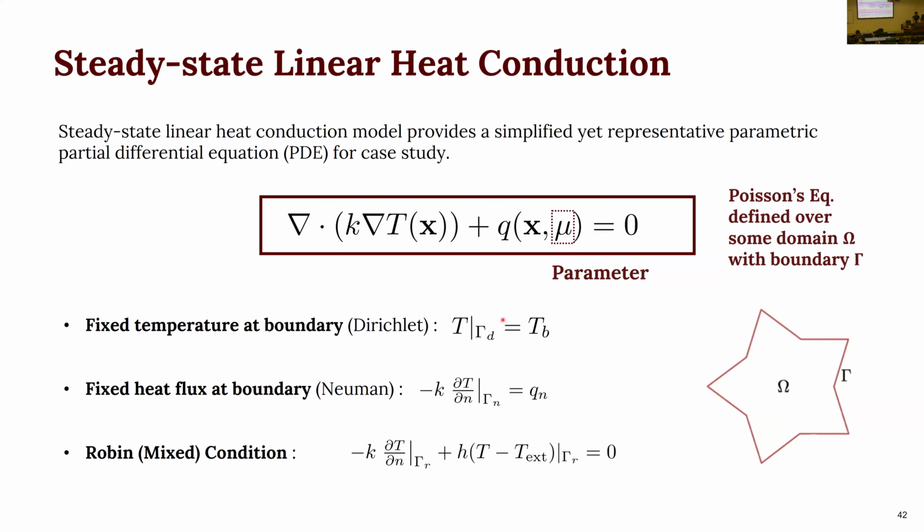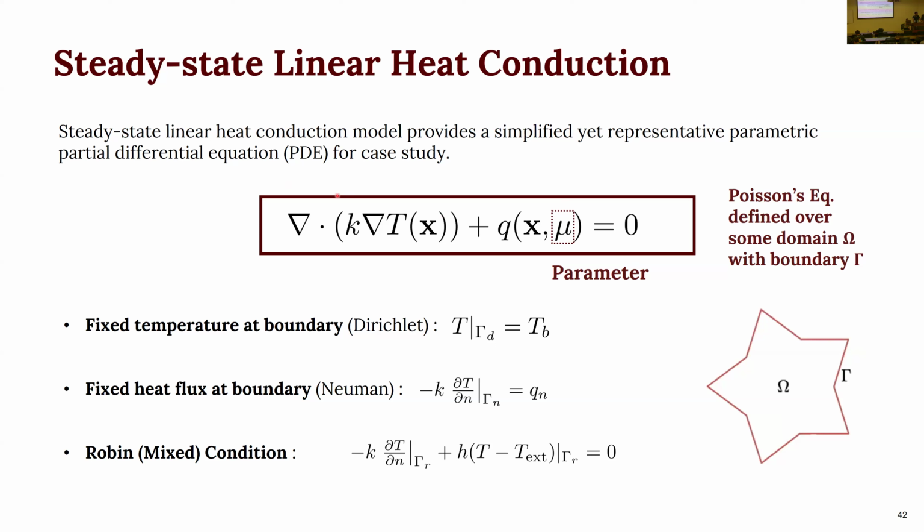So here K is the thermal conductivity and Q is the local heat flux density. Q is a function of X and mu. Mu is the parameter. So this being a parametric PDE, we want to solve this PDE for different values of mu.